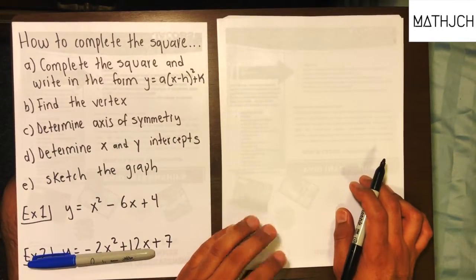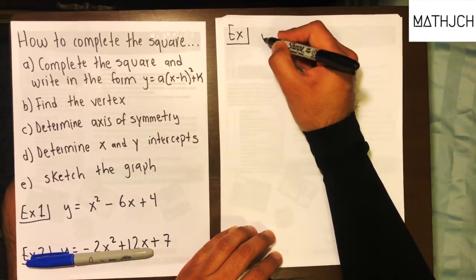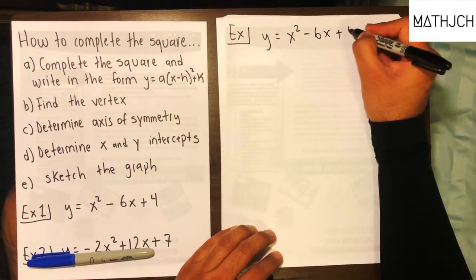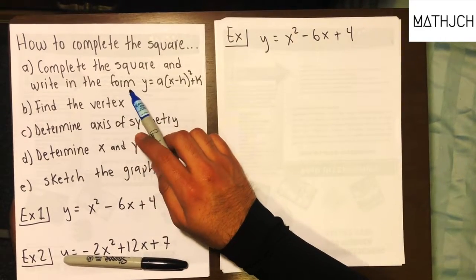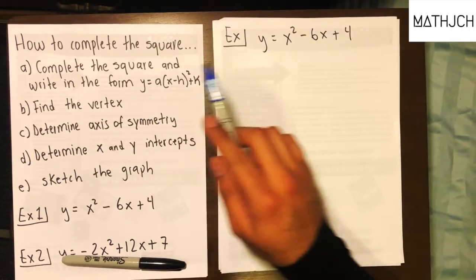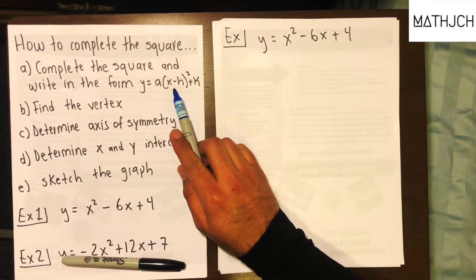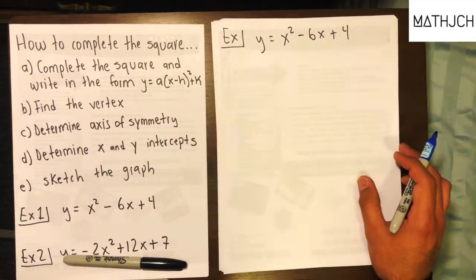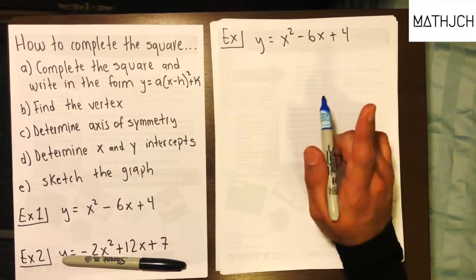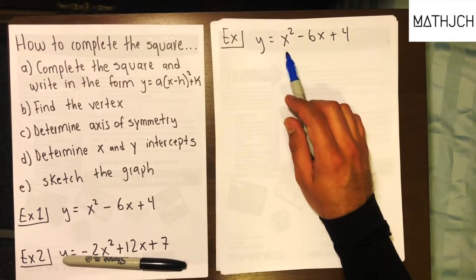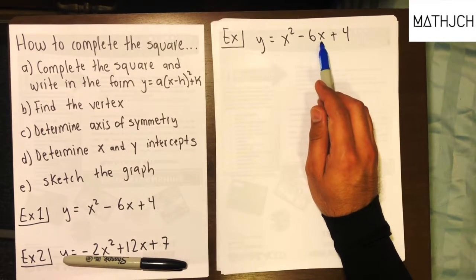For exercise number 1, let's first do part A, which is completing the square, and rewrite this function in this format right here. So let's start. The first step is that we're going to leave the terms with x, meaning x squared and negative 6x, by themselves on the right side.